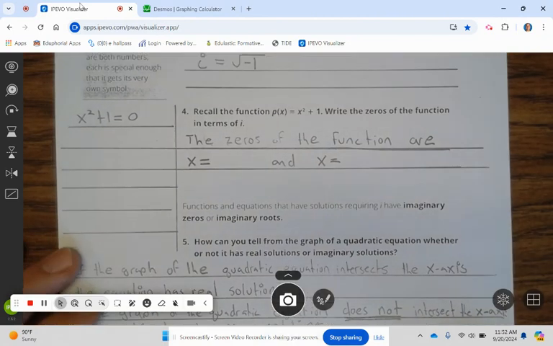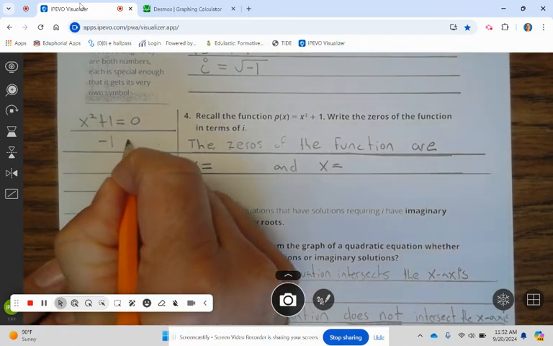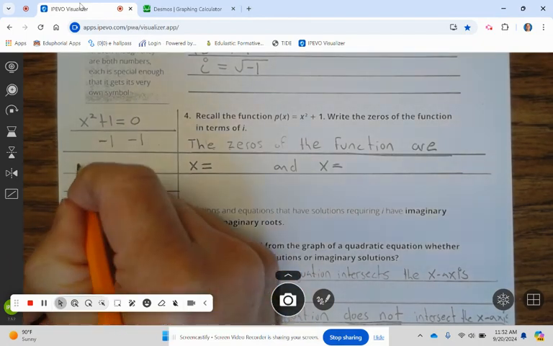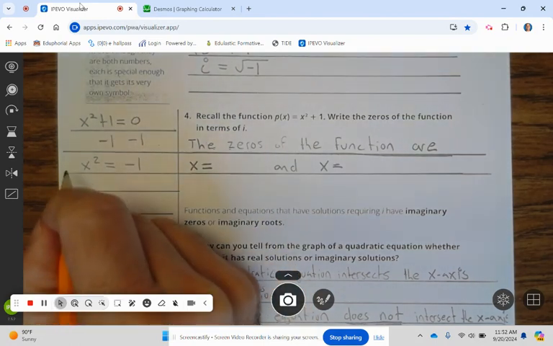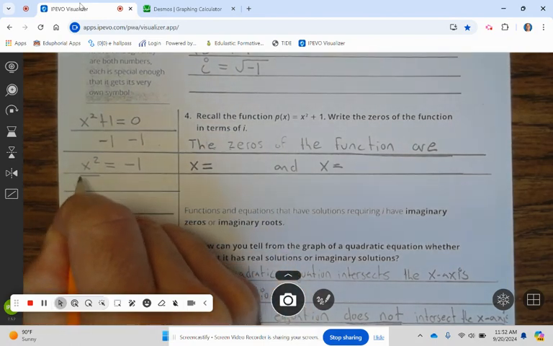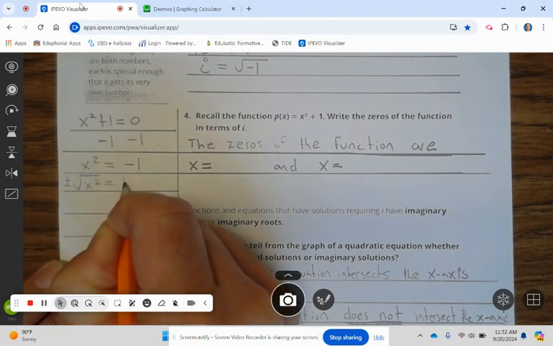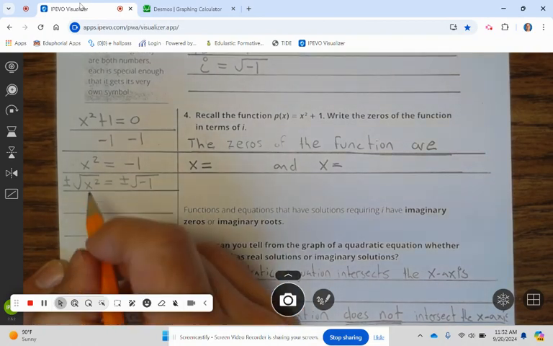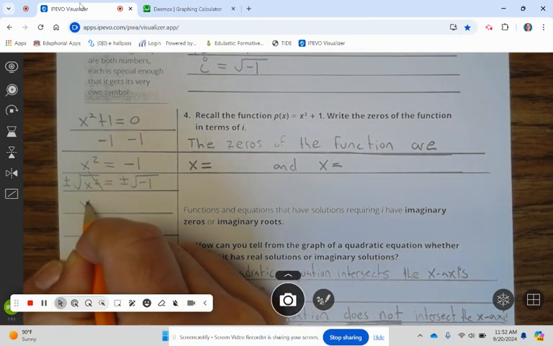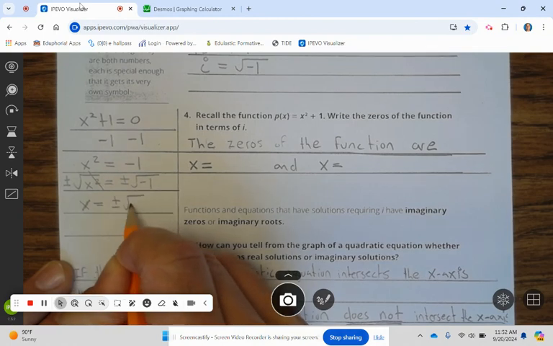Okay, so to do that, we're going to solve for x. So we said x squared plus 1 equal to 0, so we subtract 1 from both sides. We get x squared equals negative 1. Take the square root of both sides. Remember, the square root is plus or minus. So the square root cancels the squared to get x equals plus or minus the square root of negative 1.